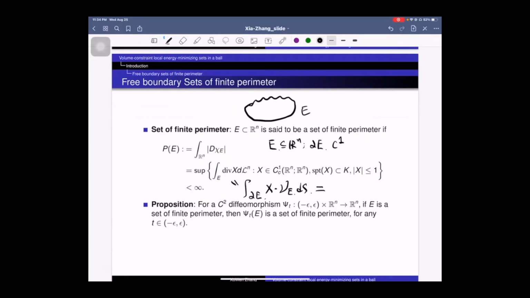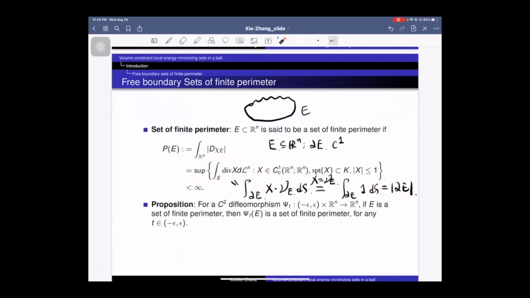With the choice that X is taken to be exactly nu_E, we can attain the supremum, and this is this quantity, which is indeed the surface area of the boundary of E. So this is a natural definition.